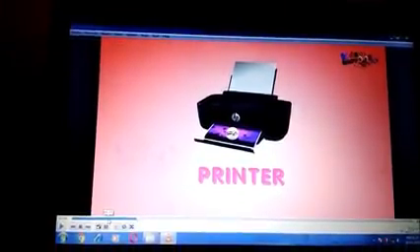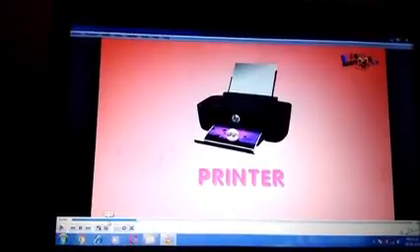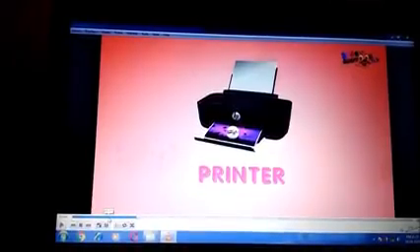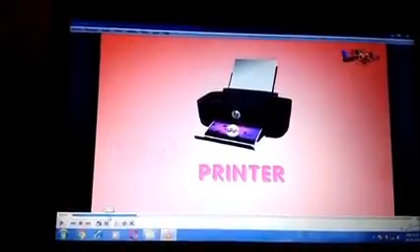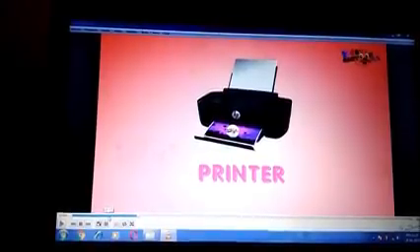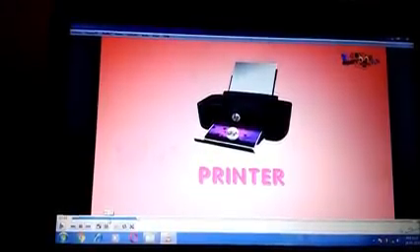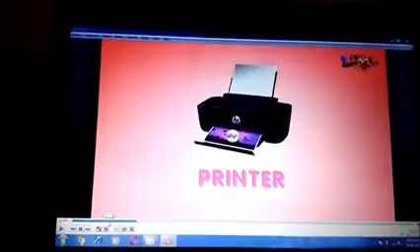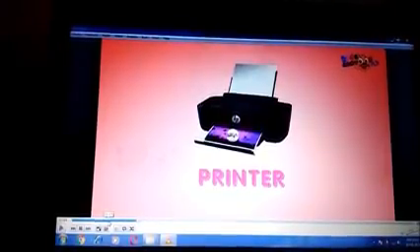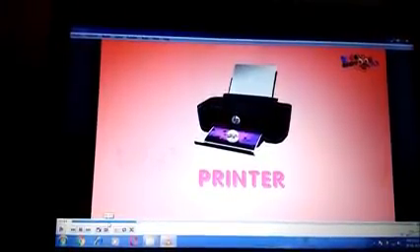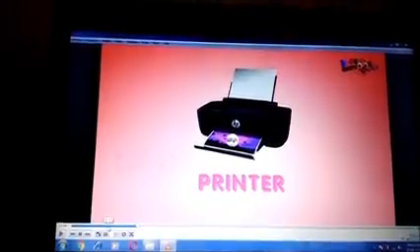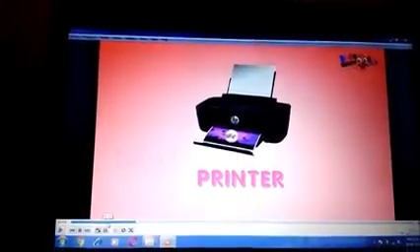The types of printers are dot matrix printer, inkjet printer, and laser printer. Among these three, laser printer has the highest speed, and nowadays it is the most demanded one, though it is very expensive.